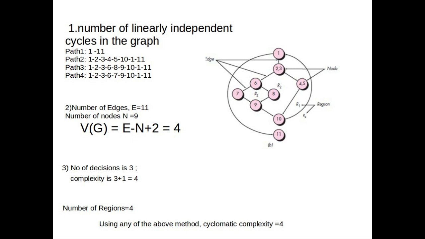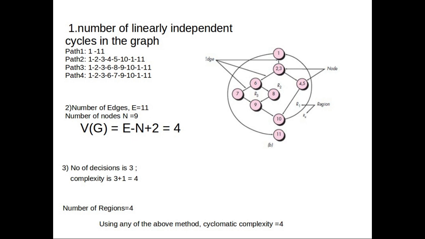In this graph, we have 11 edges and 9 nodes. Substituting, 11 - 9 + 2 = 4. So 4 is the cyclomatic complexity of this graph.